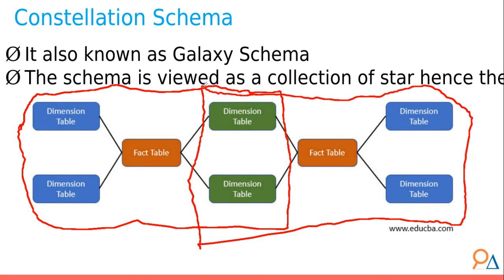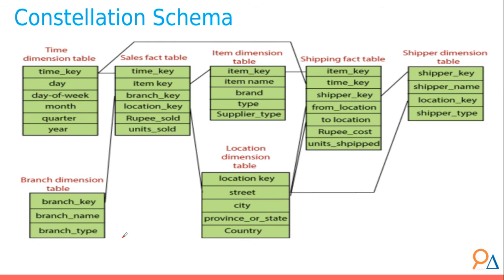So you can see here, we divided into two parts, and we have this star in this box, and we have this star in this box, and now they are combined together to form what we call a galaxy schema. That's it. It's viewed as a collection of stars, hence the name. So this is an example of constellation schema or galaxy schema.